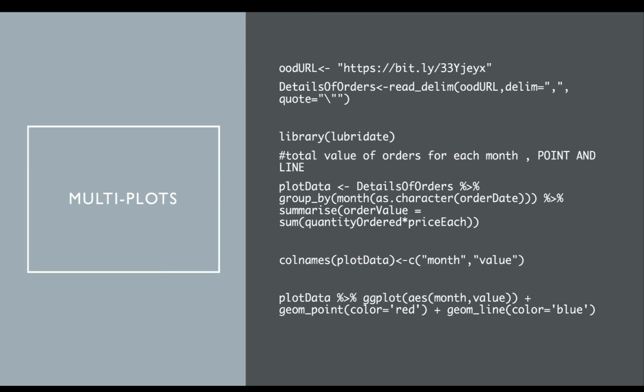One can see that a package called lubridate, part of the tidyverse, is installed and loaded up. We are performing a summarization where the details of orders is grouped by the month of the order date present in that data frame. Subsequently, order value is summarized for each month, and the order value is the sum of quantity ordered multiplied by the price of each product on the order.